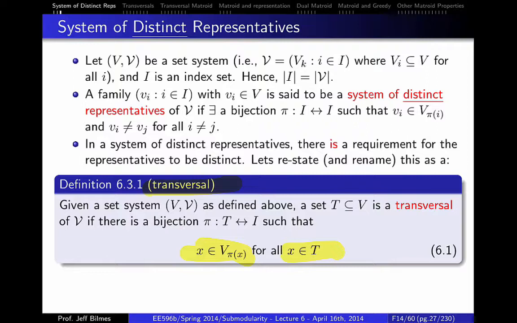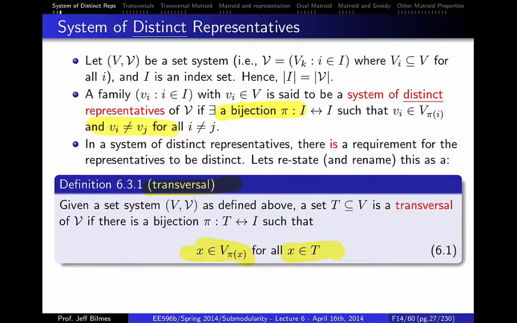Now, why does this guarantee that it's distinct? Why is this the same as a system of distinct representatives? Because notationally, we've only changed a little bit. It's a bijection.